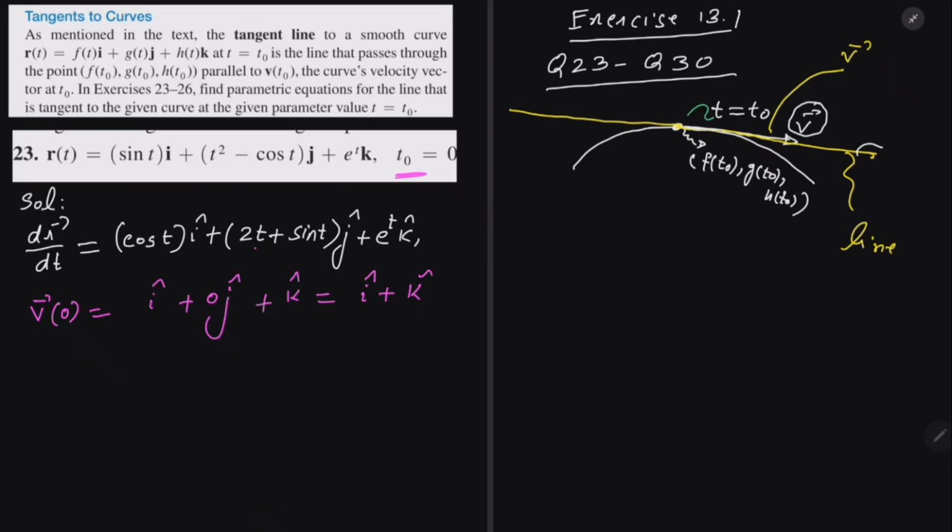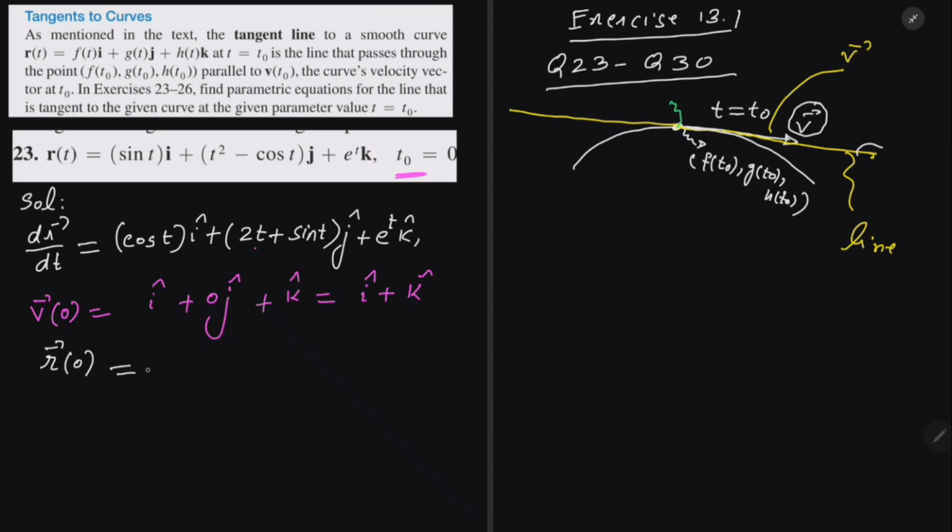The next thing is we need to find the location. We can find these locations by putting in the value of t naught. If I put t naught equal to some value, for example -1, you get one point; for another t naught, we get another point, and so on. So we put this t naught in the position vector as well.